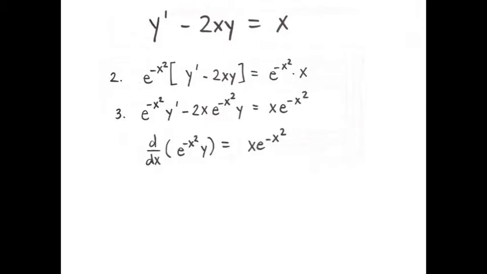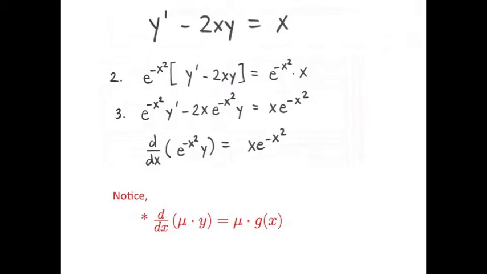That is, everything on the left side can be simplified just as you see it there on the last line. The implicit derivative of e to the negative x squared times y. And if you don't see that simplification right away or ever really, it doesn't matter too much.